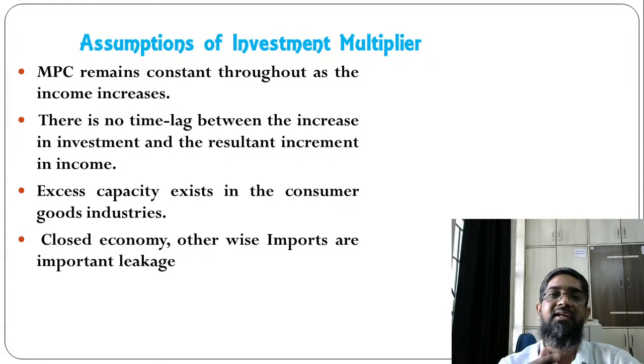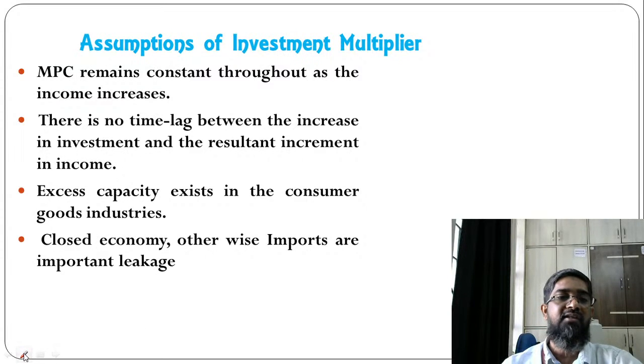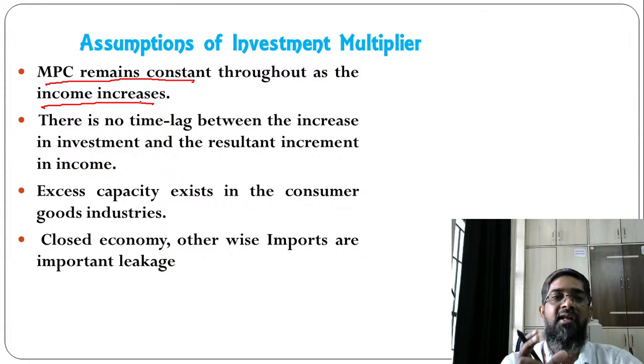It may be less than expected if any assumption is relaxed or is not valid. So the first thing is, the MPC remains constant during the period of income rise. That means in a shorter period the value of MPC remains constant.